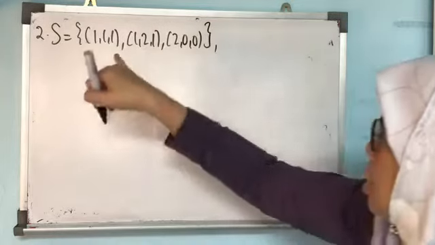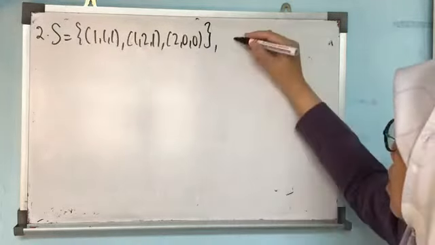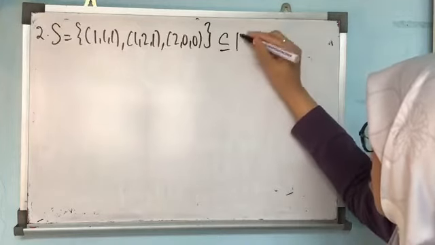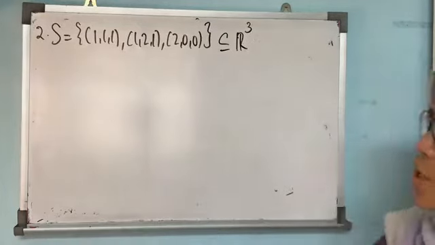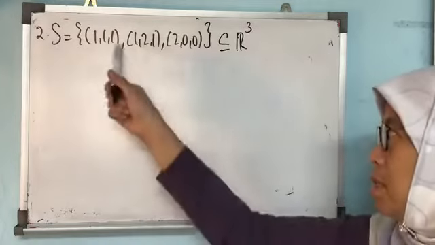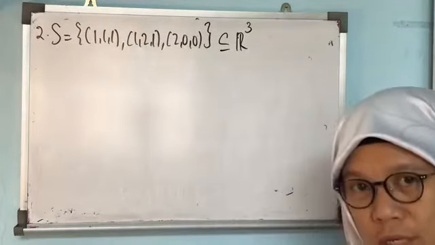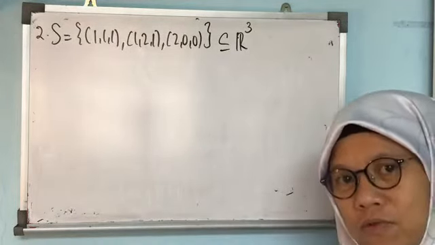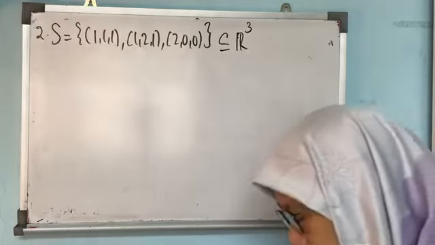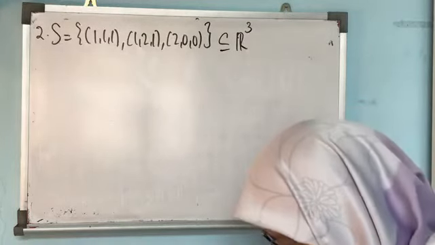You see, M is 3 and N is also 3. Then you just have to find the determinant and you check whether it's equal to 0 or not.